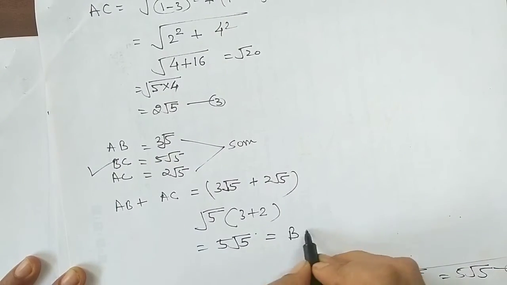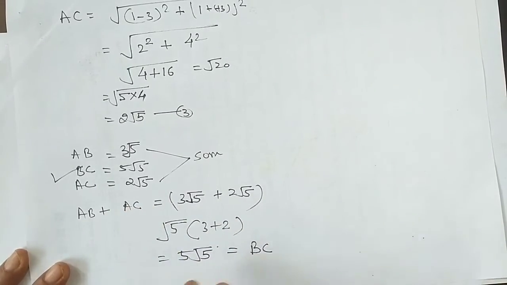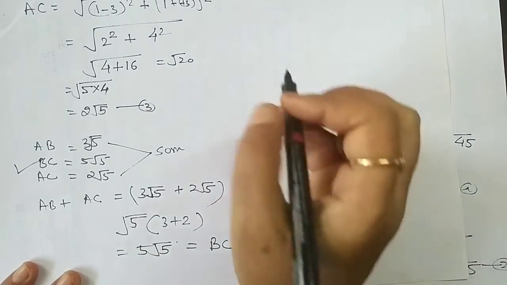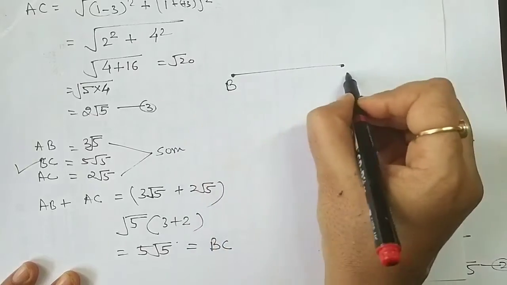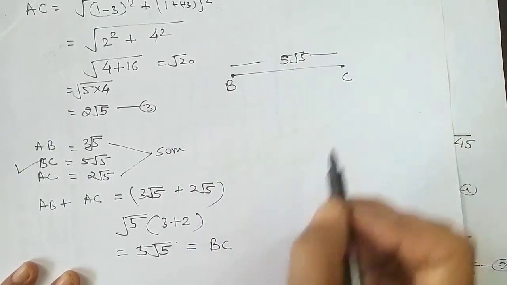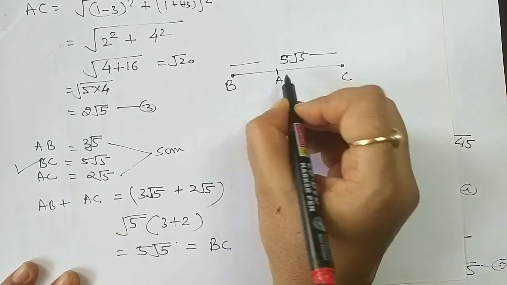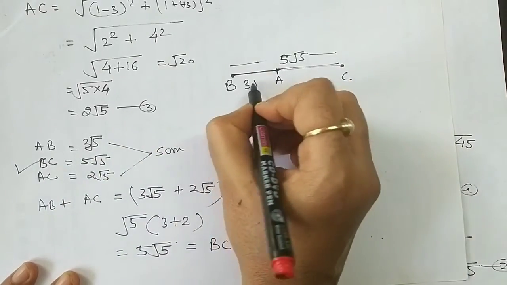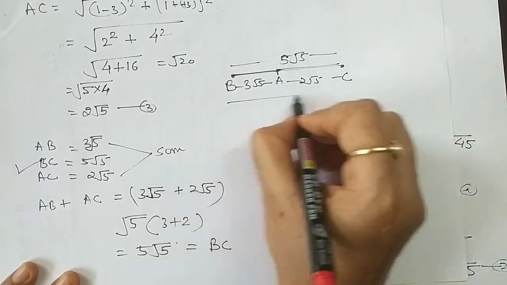BC. Correct. So the sum of two lines is equal to the third line, which is BC, the largest. If I am supposed to plot it, BC is the largest, which is 5 root 5. Okay. And A has to be somewhere here. So AB plus AC, what is AB? 3 root 5. And what is AC? 2 root 5, is making a straight line.